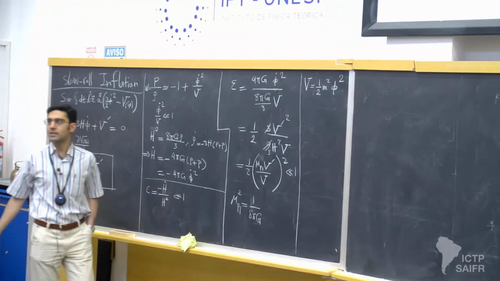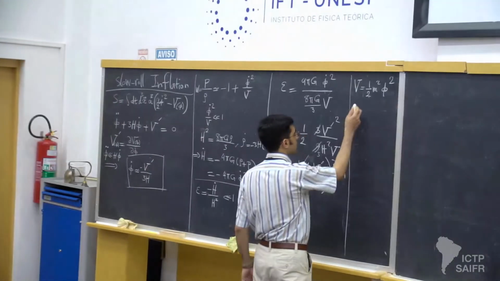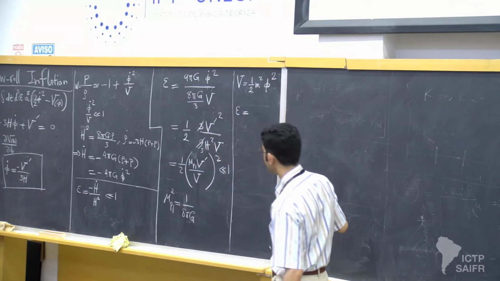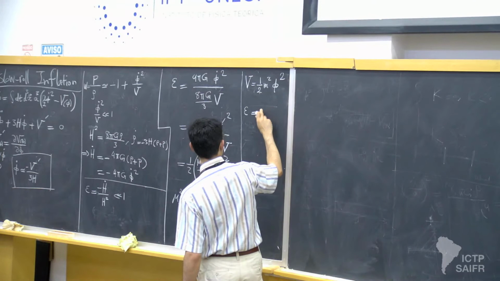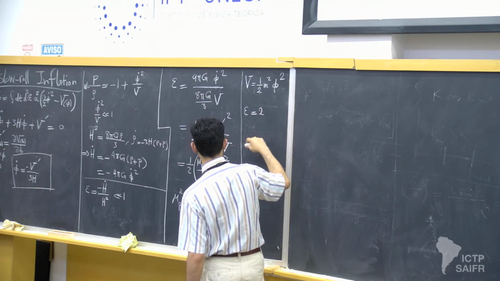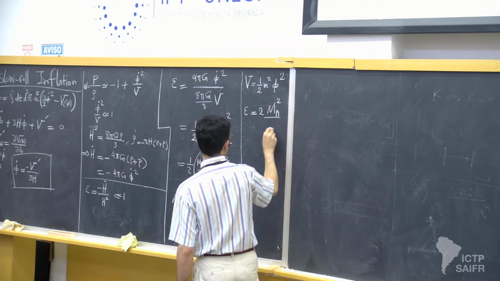We just have a massive field. And we want to look at this ratio. So in this case, this epsilon is going to be 2 times M Planck squared over phi squared.